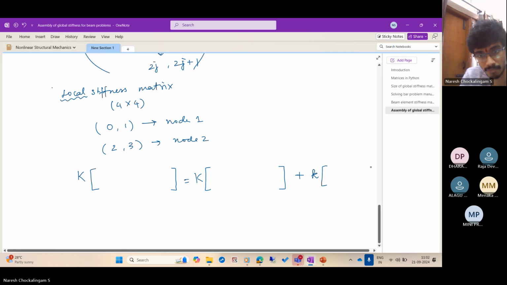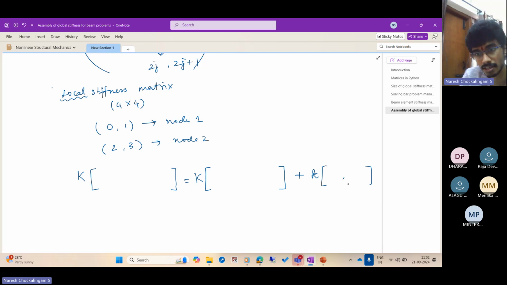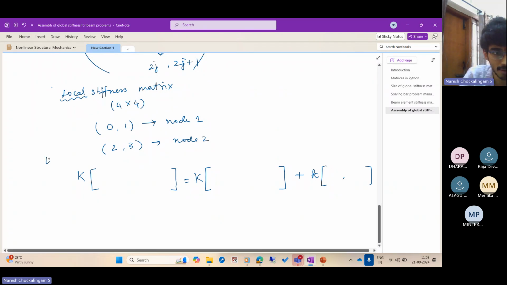Locally, there are two nodes. In the bar problem, they are just 0 and 1. So we wrote just 2 cross 2, 4 lines, for 0,0; 0,1; 1,0; and 1,1. Now in this case, what are the local node numbers? Local node numbers go from I equal to 0 and 1.